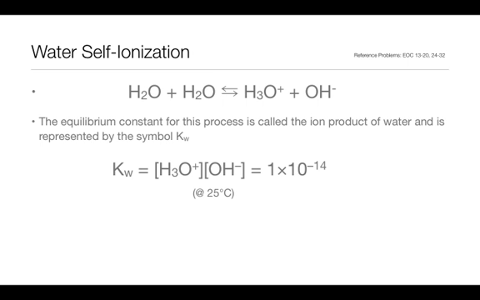This equilibrium expression is special, so we give it a special symbol, Kw. And the value for Kw measured at 25 degrees Celsius is 1 times 10 to the negative 14th. Since most of our reactions are done in the lab at 25 degrees Celsius, this is the constant we're going to use. But keep in mind, changes in temperature can cause a change in this equilibrium value.